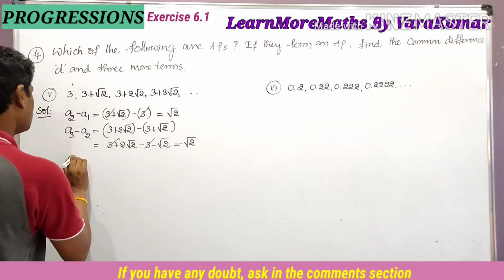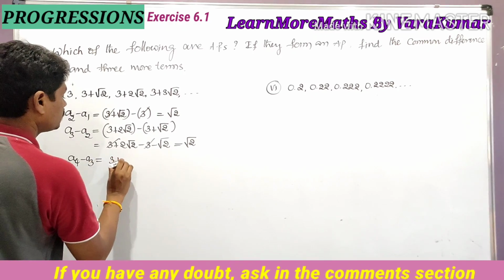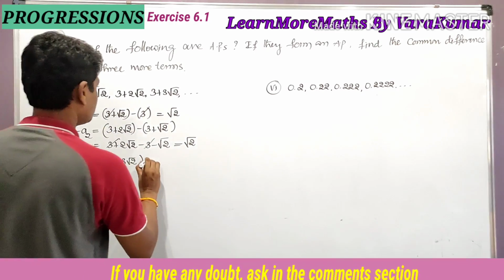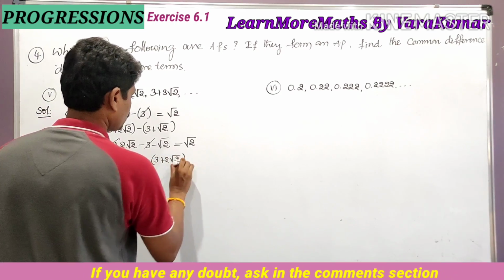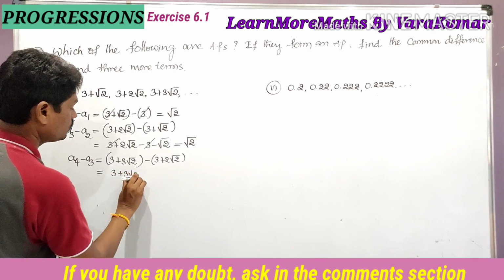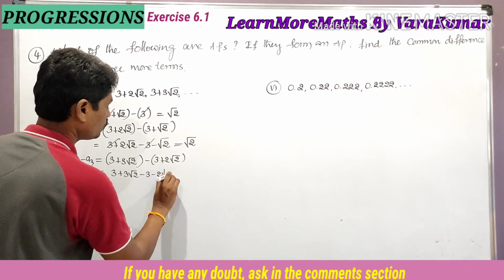So next, a4 minus a3 is equal to: a4 is 3 plus 3 root 2, minus a3 which is 3 plus 2 root 2. Again by simplifying, it is 3 plus 3 root 2, multiplied by minus, minus 3 minus 2 root 2.